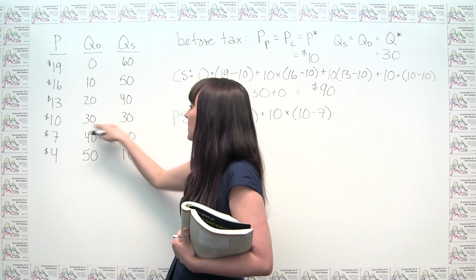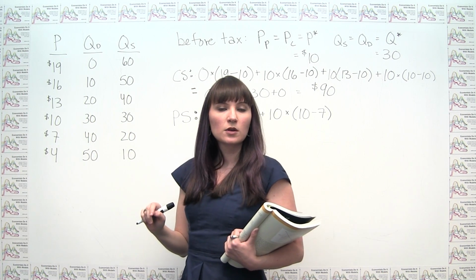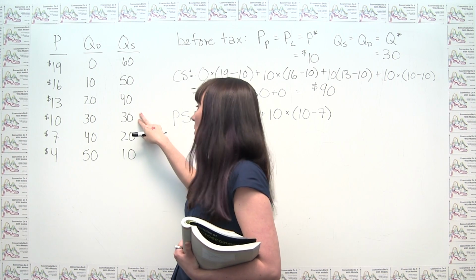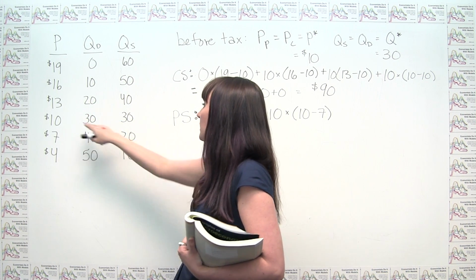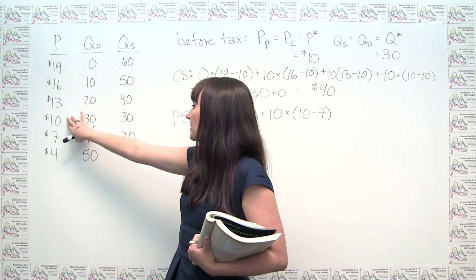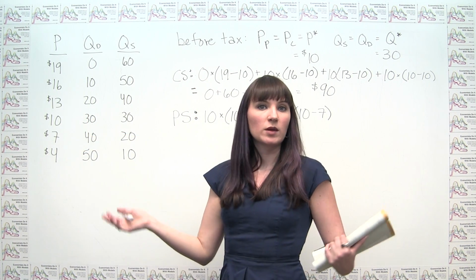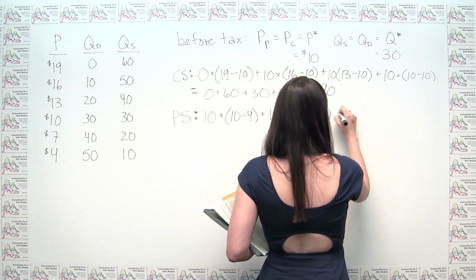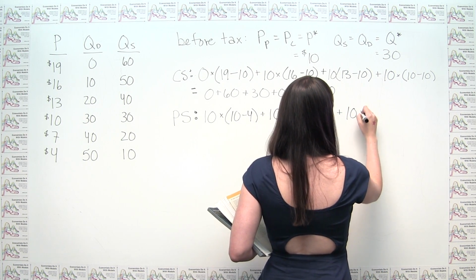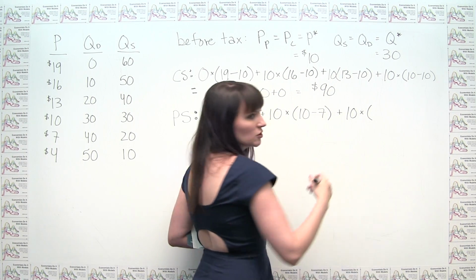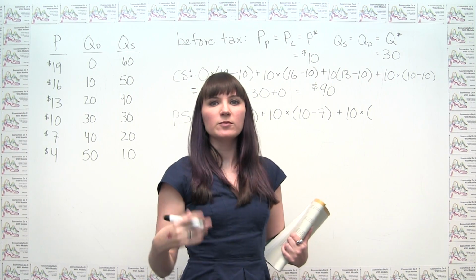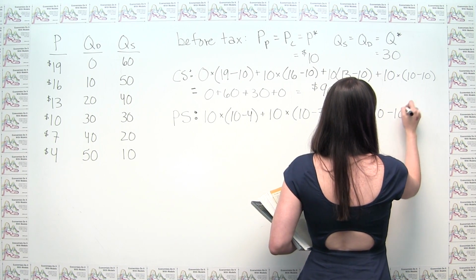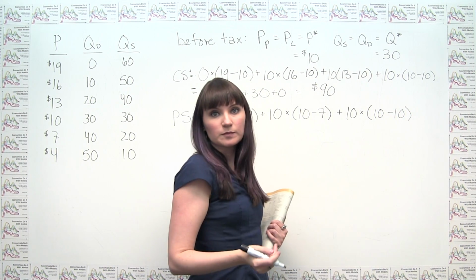And we notice now we hit our market price of $10. We get an additional 10 units of supply once again, but we're not getting any surplus on those because the market is actually at the same price as the willingness to sell. But again, we could still add in that last 10 units of supply, but then there's really no price above and beyond the willingness to sell, and this is just going to be 10 minus 10, which is 0.